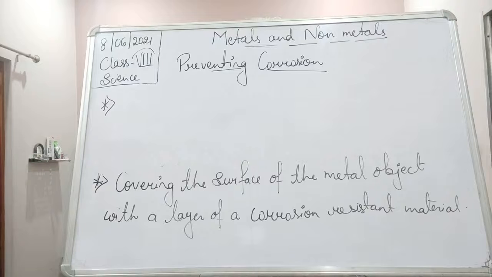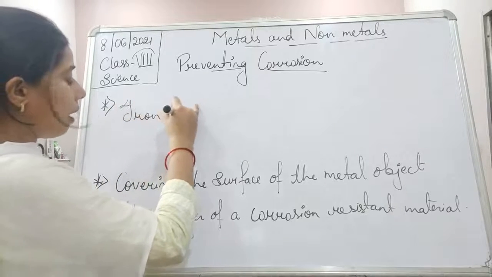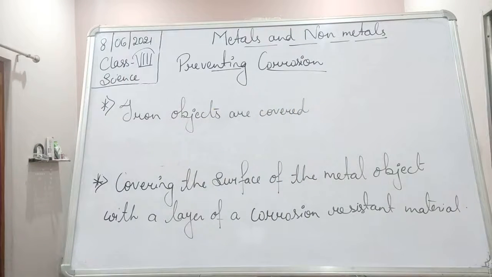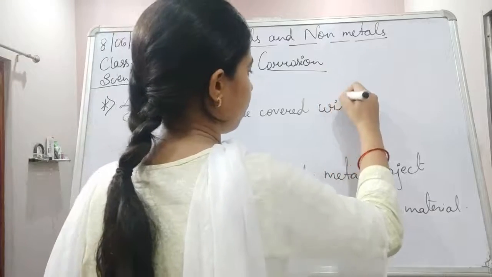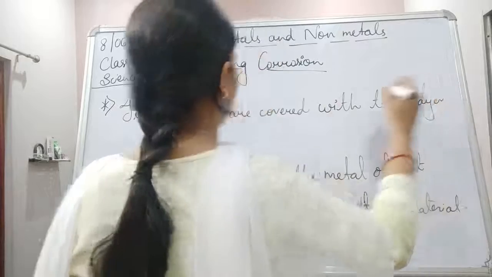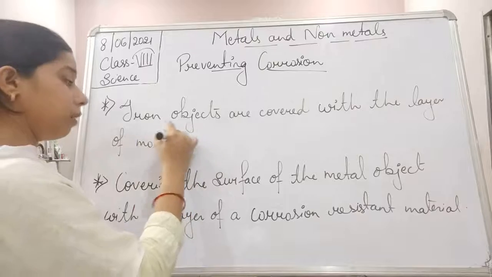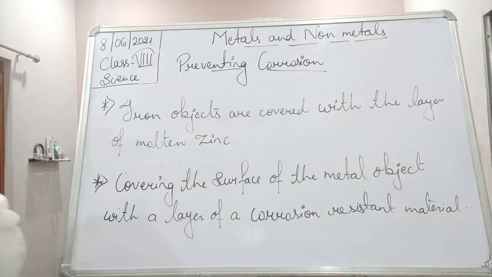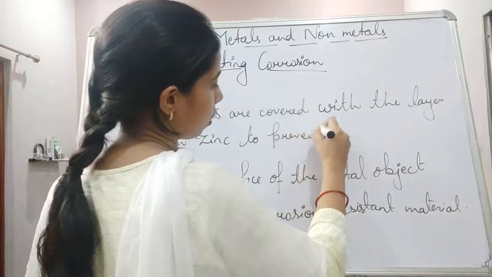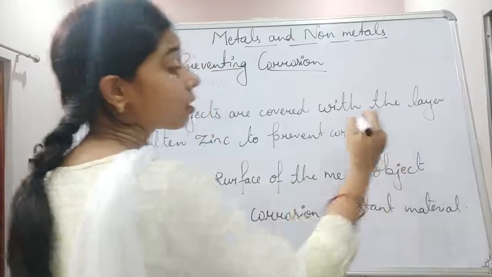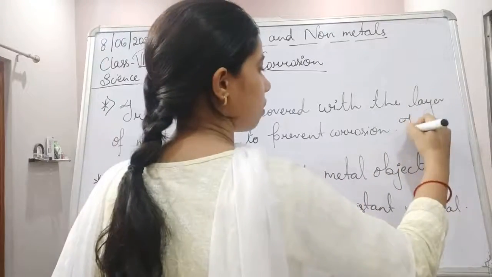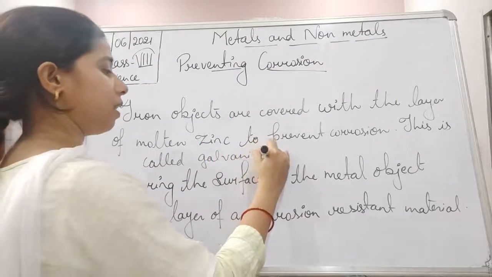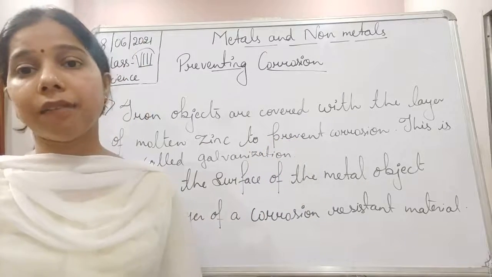So we can write it: iron objects are covered with a layer of molten zinc to prevent corrosion. This process is called galvanization.